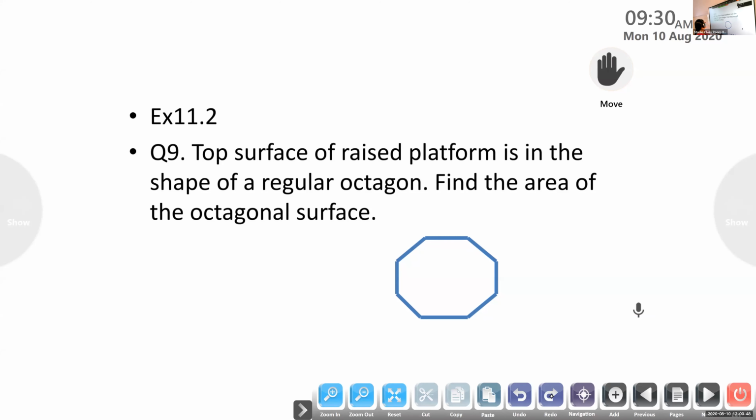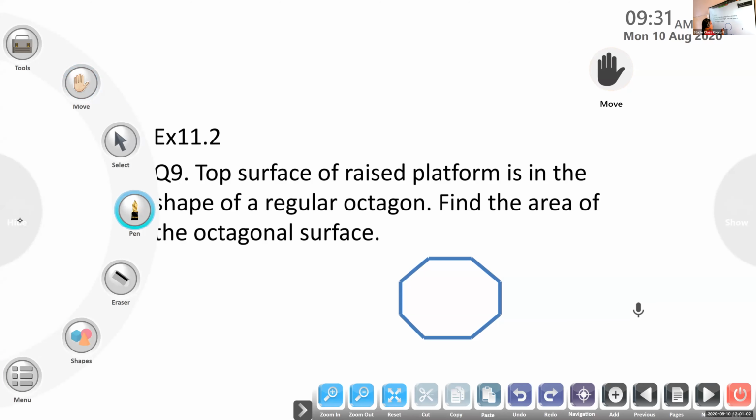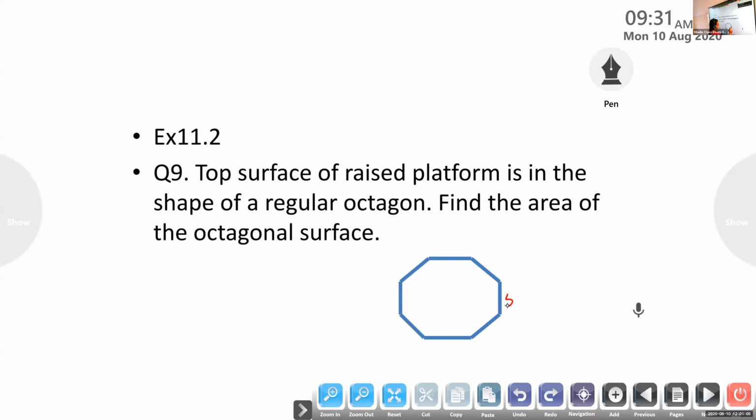Find the area of the octagonal surface, given that the sides are 5 meter, this length is 11 meter, and this height is 4 meter.